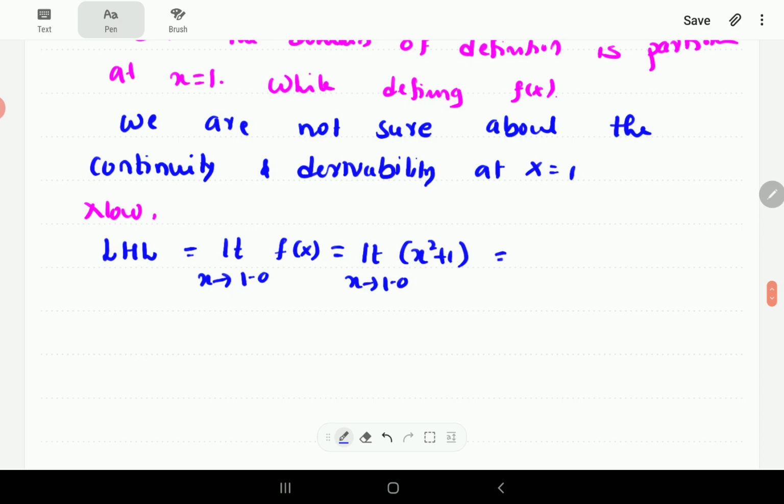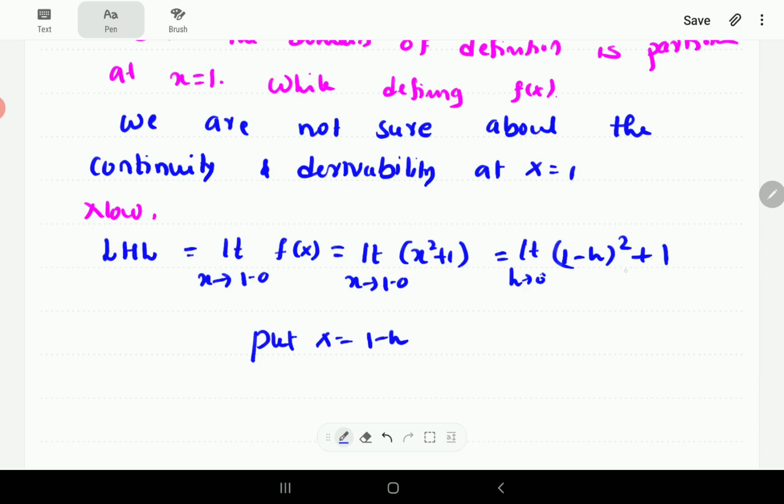Here you should put x equal to 1 minus h. So this becomes 1 minus h the whole square plus 1, as h tends to 0.